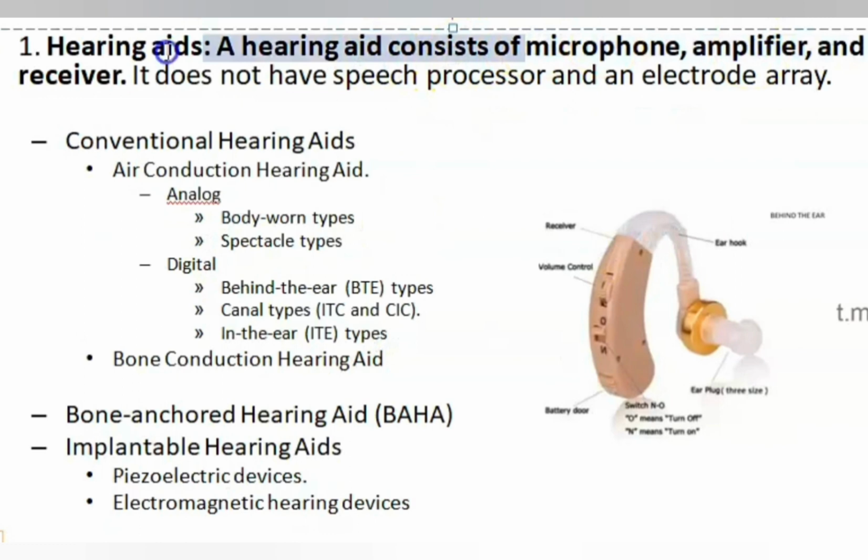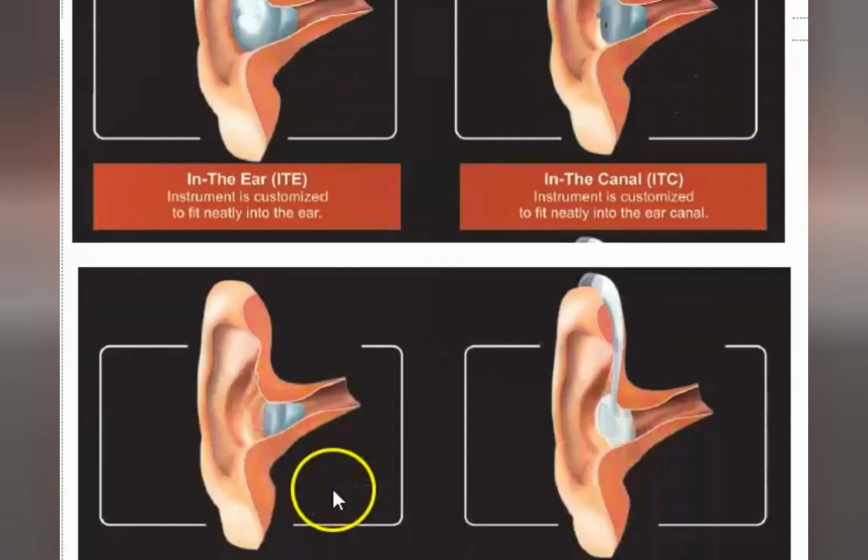And there are bone conduction hearing aids, or the headbands. Although cosmetically appealing, the in the canal and completely in the canal sometimes do not give as much magnification as the body worn. However, the technology is changing and smaller hearing aids are being produced these days.